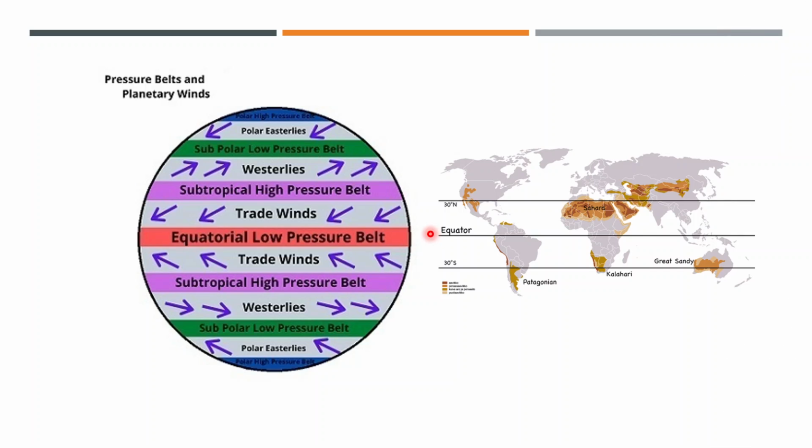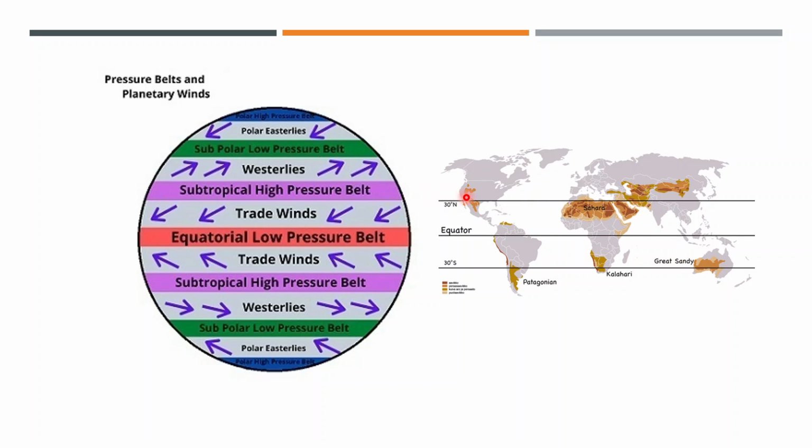Another important feature of this belt is the presence of deserts. Now, owing to a high pressure zone, we find that winds are moving outwards. Winds are not coming inwards. As a result, in most of the western parts of the continents, we find deserts in the high pressure belt.